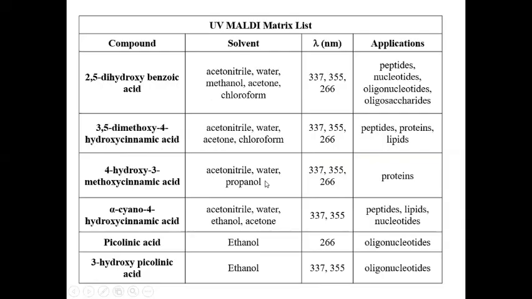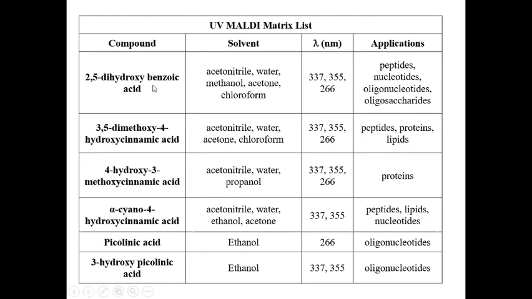This shows the use of different compounds as a matrix for analysis of different analytes. If you want to analyze peptides or nucleotides, we have to use 2,5-dihydroxybenzoic acid, and if you want to analyze lipids or proteins, we have to use this matrix.